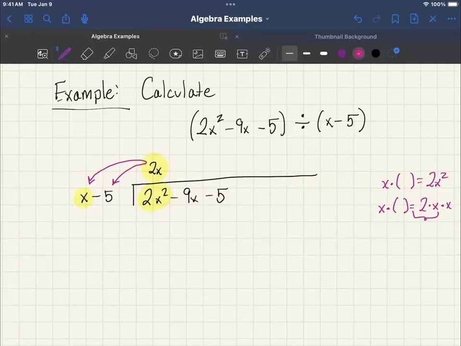So we have to multiply the entire thing. So we want 2x times x minus 5. If we multiply that out, I'm just going to do that on the side, that is going to give us 2x squared minus 10x. All right, so that's the thing that we put underneath.